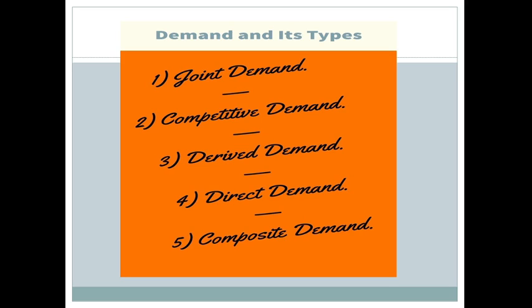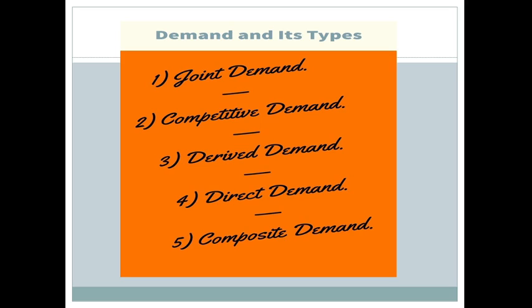For example, demand for house is a direct demand, but the demand for carpenter and labor is derived from the demand for house.